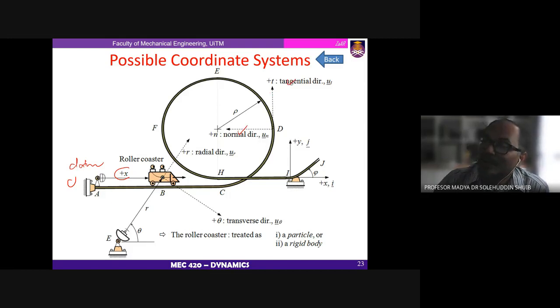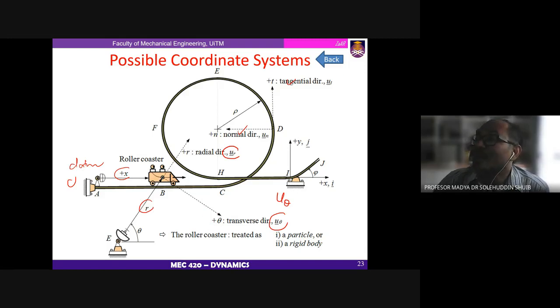And then if you look at it from here, this is the viewer looking from E, and then you have angle theta. From here to here, you have position vector r. And then in terms of this cylindrical coordinate system, you have the unit radial vector and the unit transverse vector, in this direction.